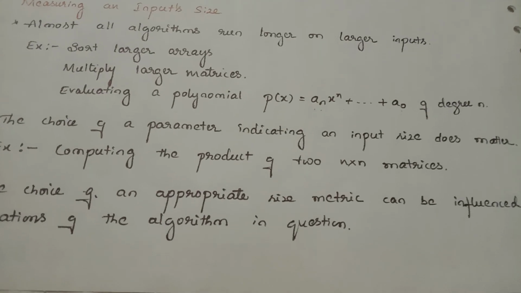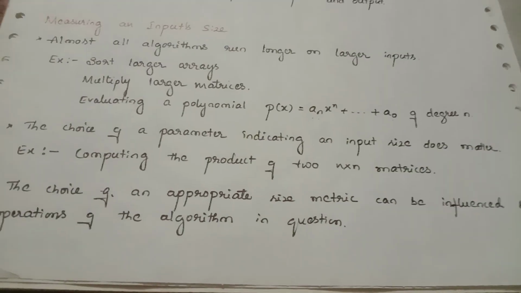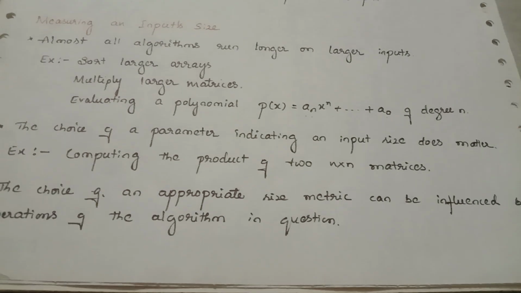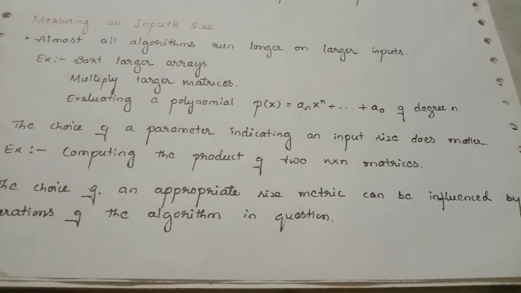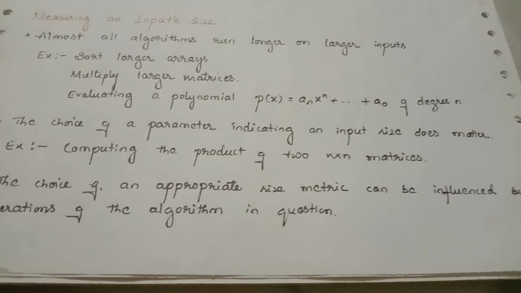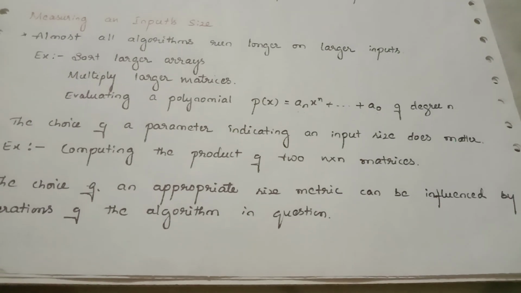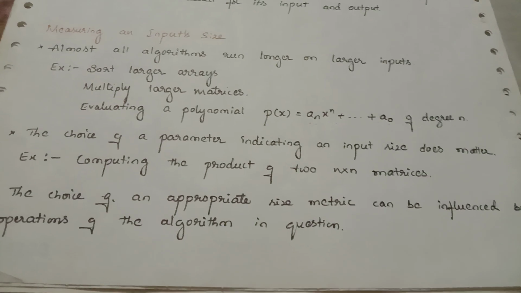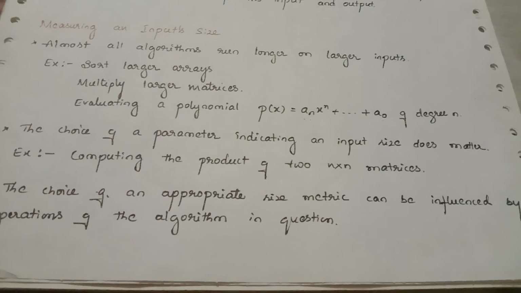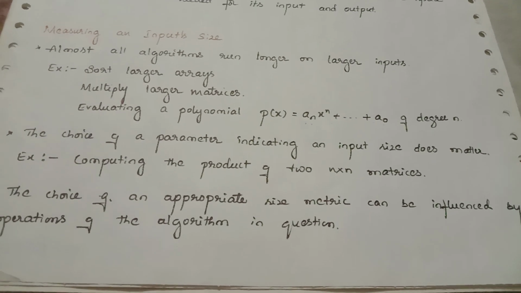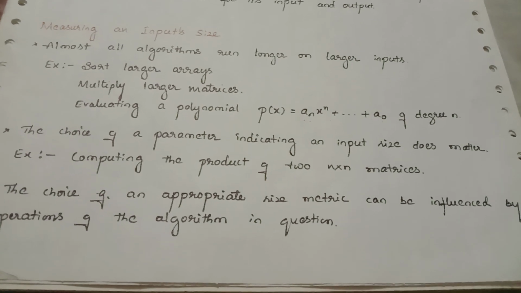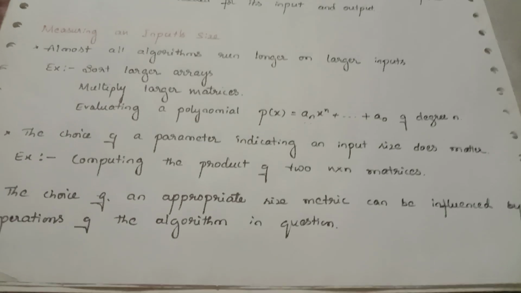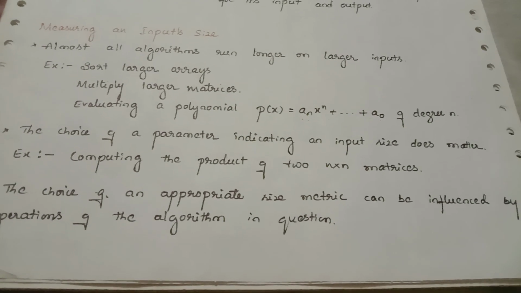Then comes the next thing. In some other situations, the choice of a parameter indicating an input size does not matter. For example, computing the product of two n by n matrices. There are two natural measures of size for this problem. The first and more frequently used is the matrix of order n. So here we can take n as the input size.